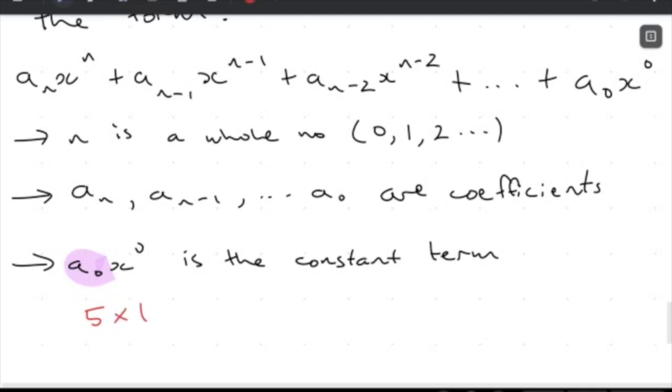So this is like saying a naught, some coefficient 5, times x to the power of 0. That gives us 1. So this would just be our 5 at the end of our expression. So this is now breaking down some of these dot points, but we'll leave that there. We're going to look at a few more later.